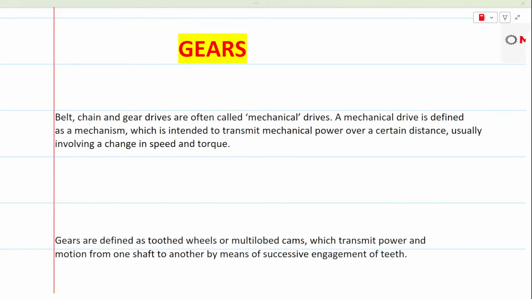Gear trains is a topic which mainly deals with the arrangement of gears and how they influence torque or speed values. That is, how the speed at the output will be influenced.